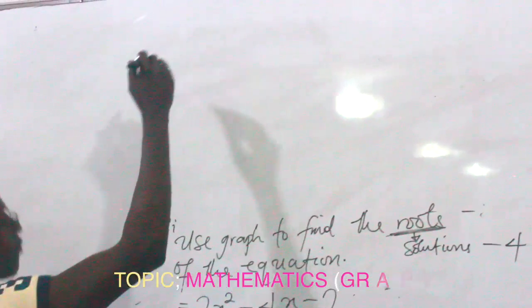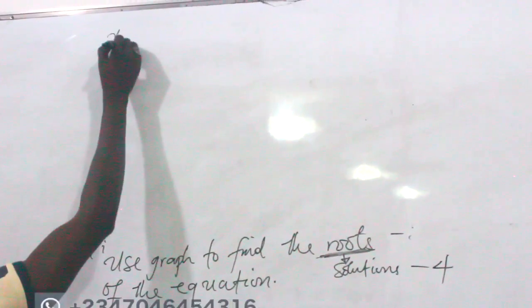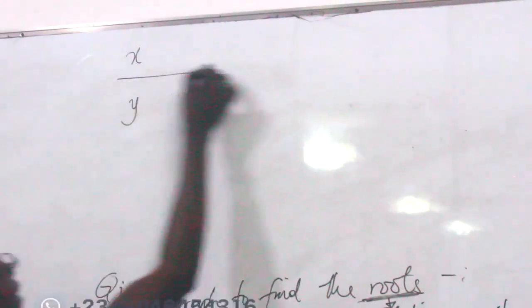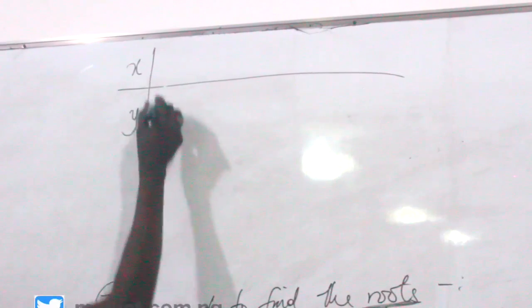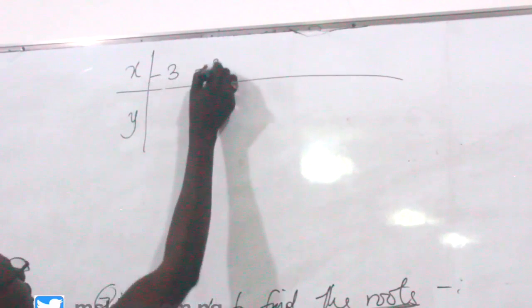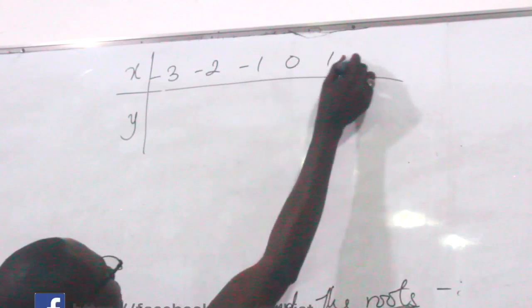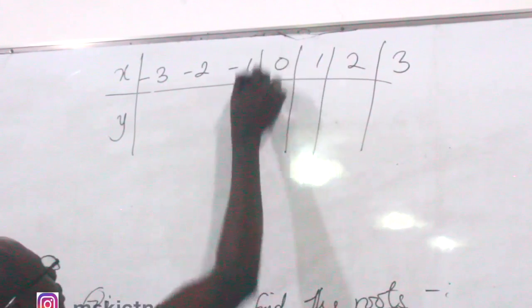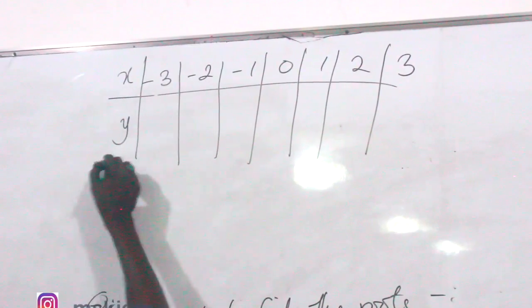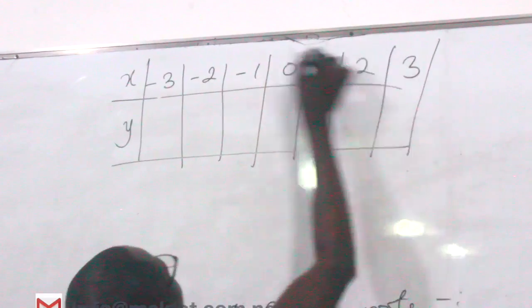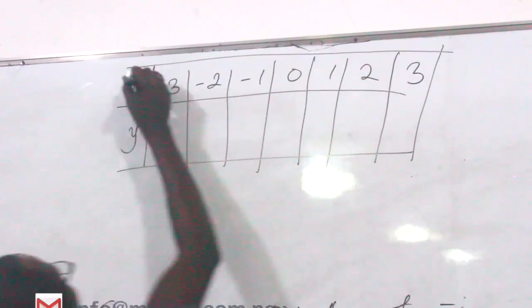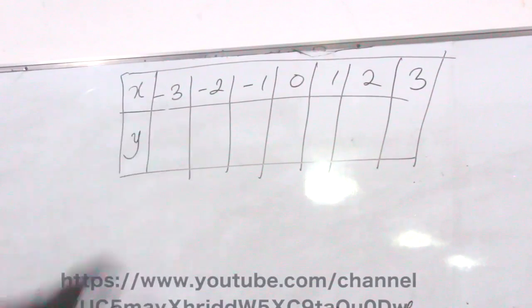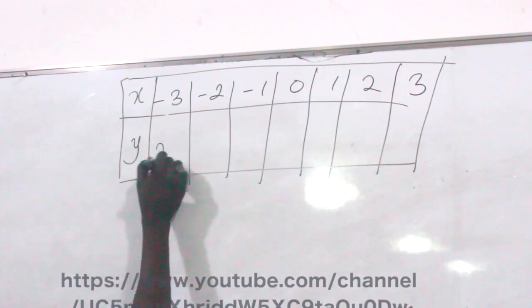Now from the graph, we have x and y. The values of x are minus 3, minus 2, minus 1, 0, 1, 2, 3. From the table, when x is minus 3, y is 28.